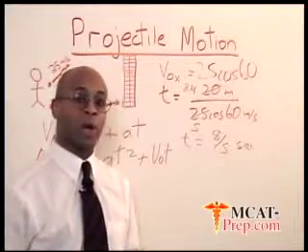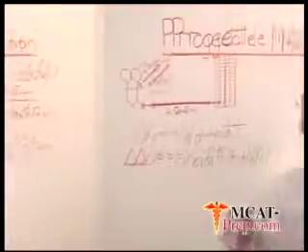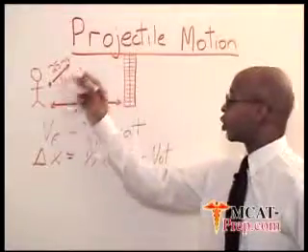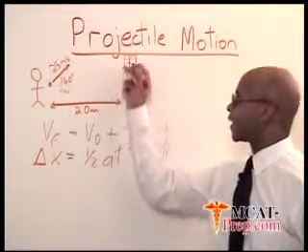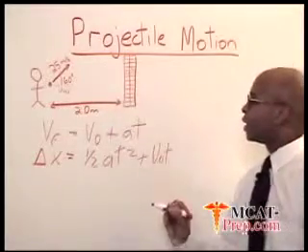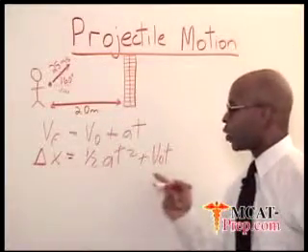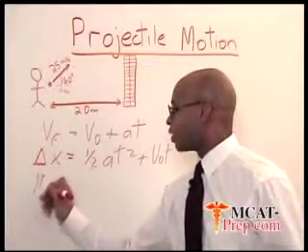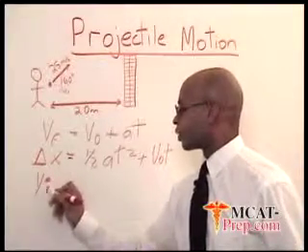Now let's see where the ball would hit the wall. To determine where the ball will hit the wall, we are looking at the displacement along the y direction. So we would use the displacement equation. So we're looking at it along the y direction.